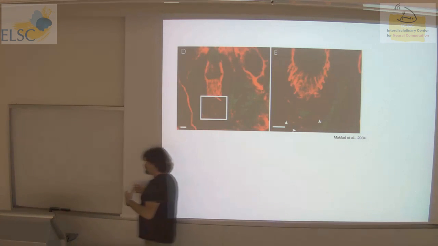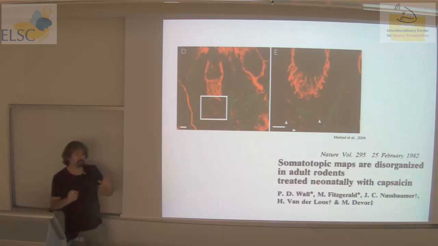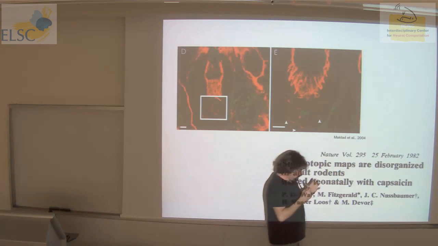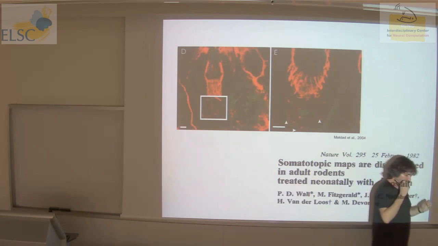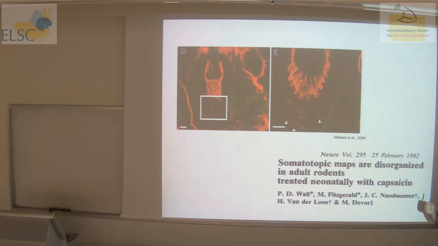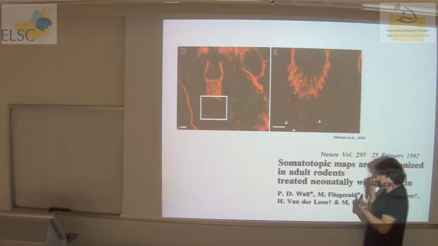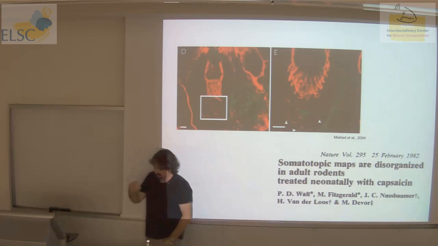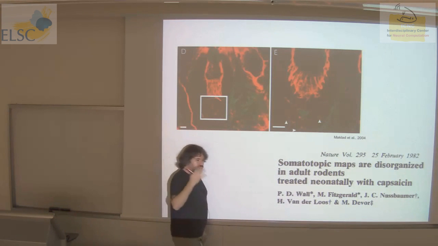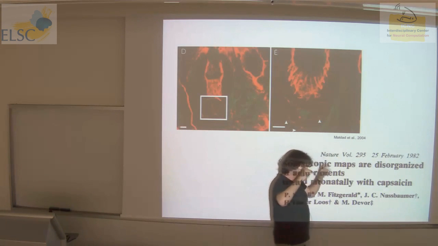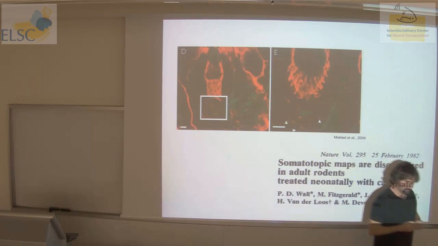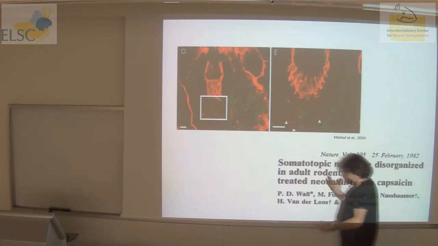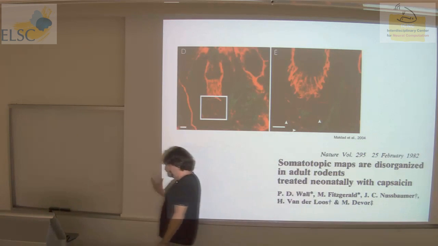And if you destroy these pain fibers, there was a paper by Marshall in Nature, by local application of capsaicin, which can basically kill nerve endings, if we destroy this information from the whiskers, we destroy these nice somatotopic receptive fields in cerebral cortex. So maybe we have some kind of connection here.